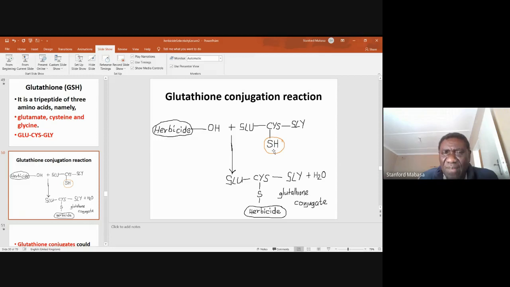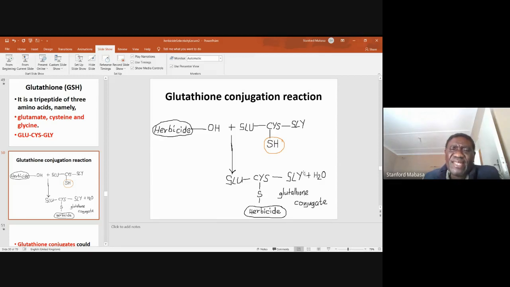So what is going to happen is that this OH of this herbicide is going to link to the SH to form this structure. So you now have the herbicide part which is joined to the S part. What is the product? We call the product glutathione conjugate. So your herbicide is now a glutathione conjugate.